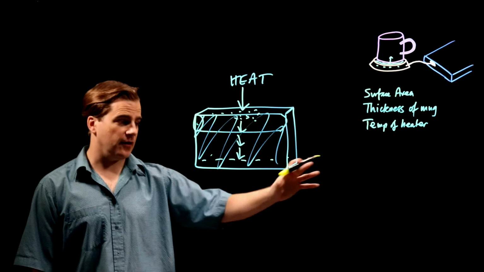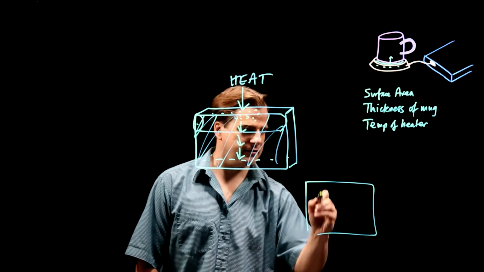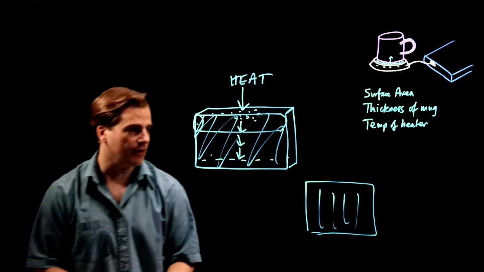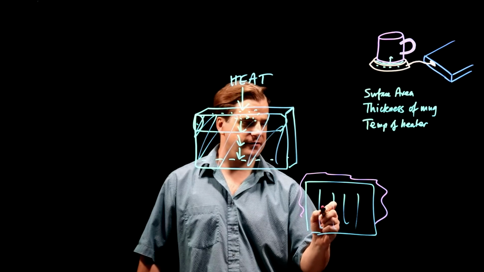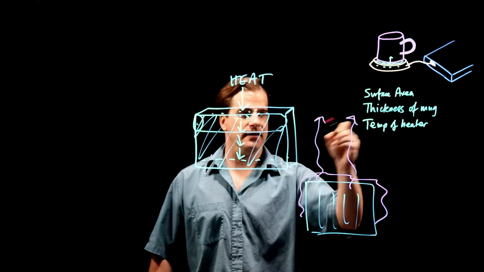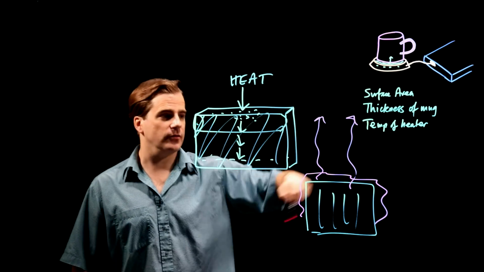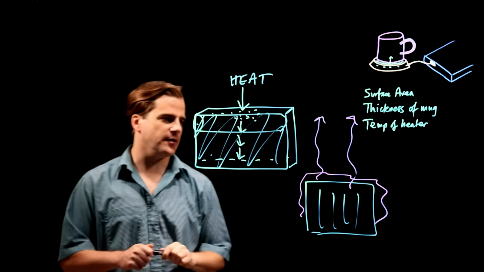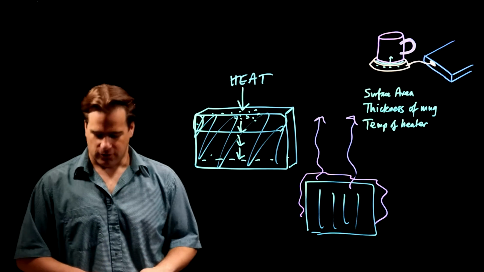So the warm air around the radiator heats up all the air around it, which becomes less dense. So it rises above the colder air, which then sinks below it, exactly like in the coffee cup. And so it's tempting to say that heat rises because of radiators, but it's not true.